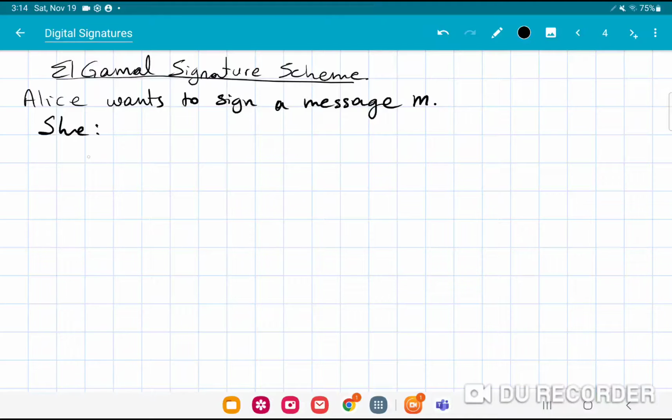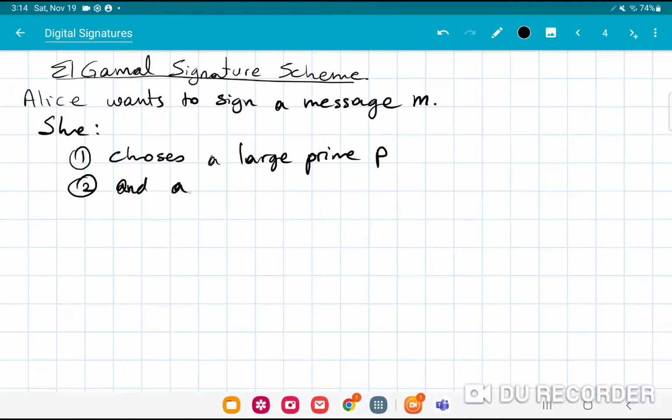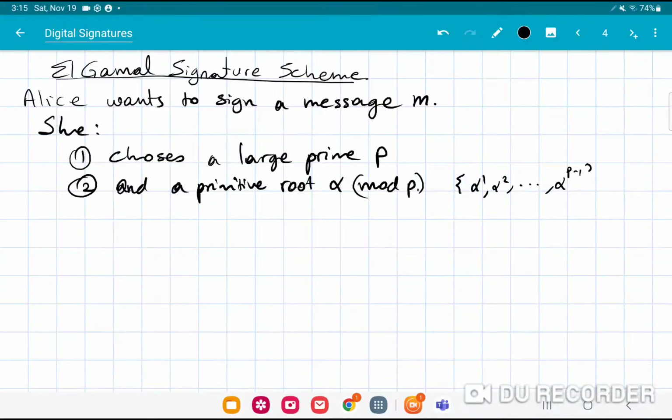She's going to choose a large prime P and a primitive root alpha mod P. What that means is alpha to the power of 1, alpha to the power of 2, up to alpha to the power of P minus 1, not in the same sequence, make the numbers 1, 2, up to P minus 1.